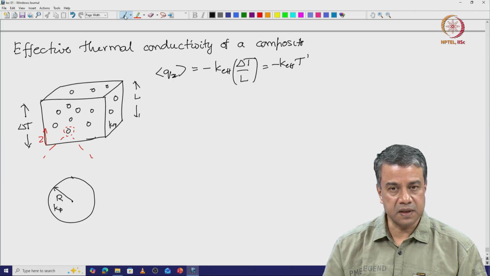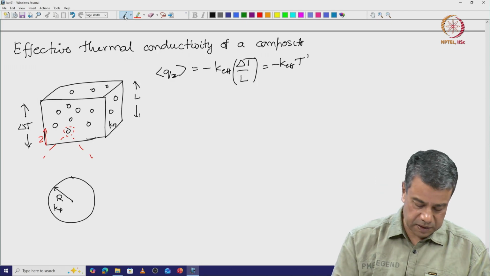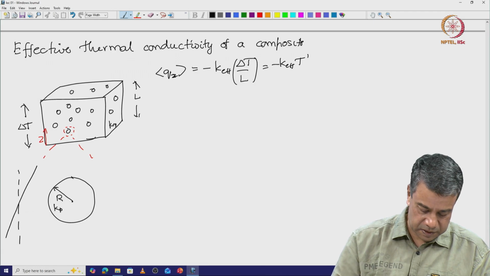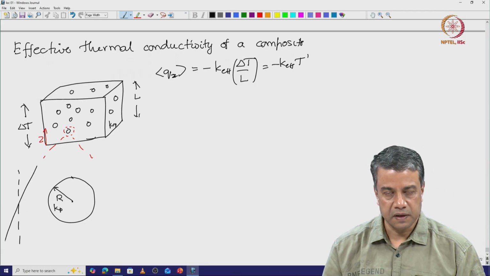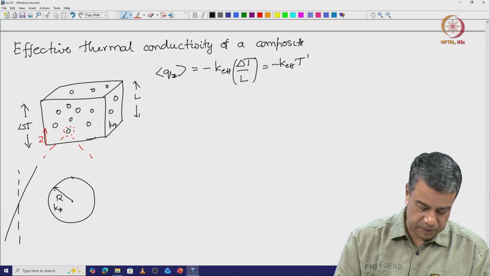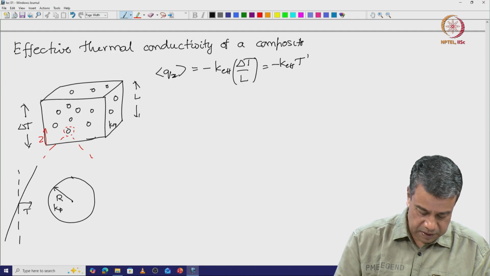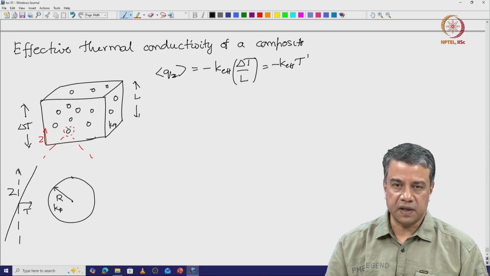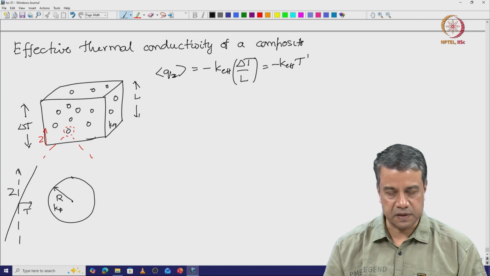So, first things first, we consider a particle that is placed in a temperature field that is a linear function in the limit of a large distance from the particle. I have a plot here of the temperature versus this distance z from the particle center. Far away from the particle, it is a linear function.